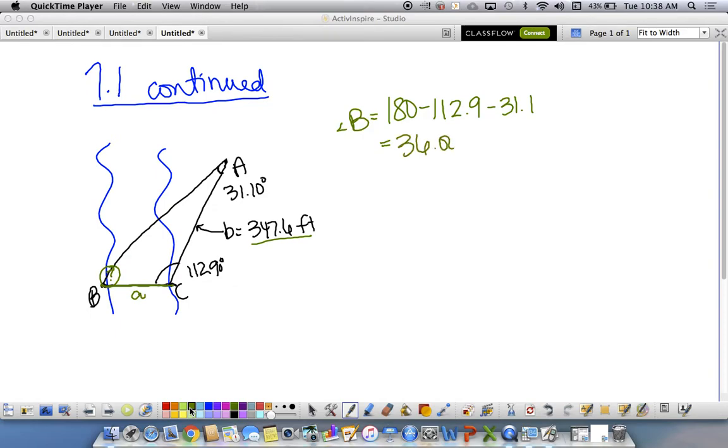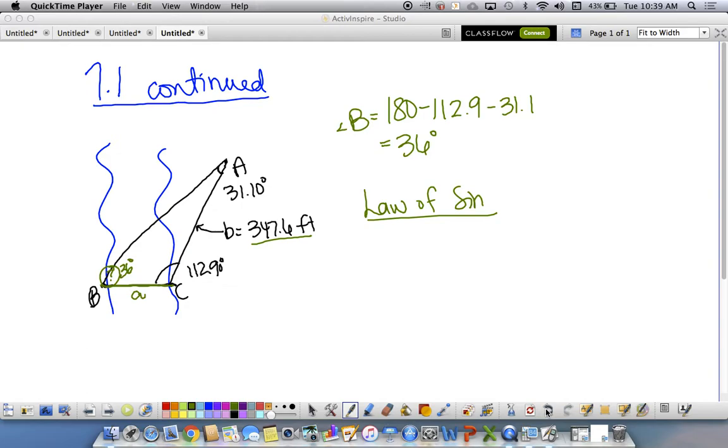They give me decimals, but really, we're not looking for angle B. That's not what we're trying to find. So it's okay for now if we just write 36 degrees. I'm going to put my degree symbol. Now do we have an angle and a side opposite it? That is key when you're using the law of sines. So the law of sines says what? Side, angle opposite it.